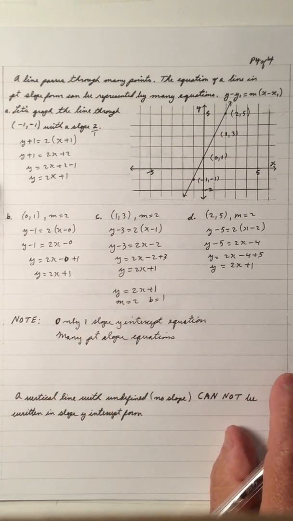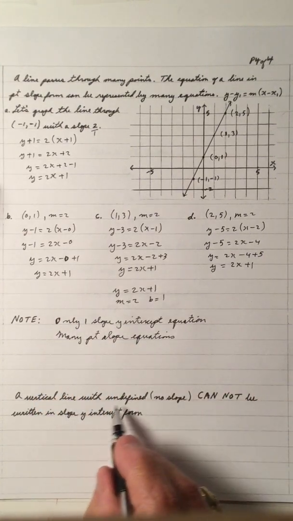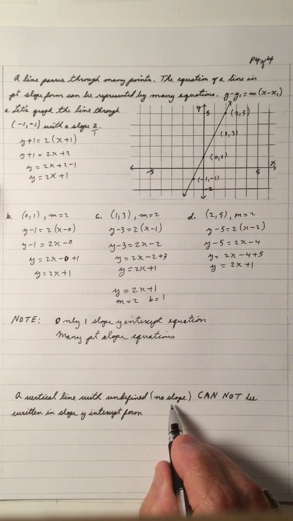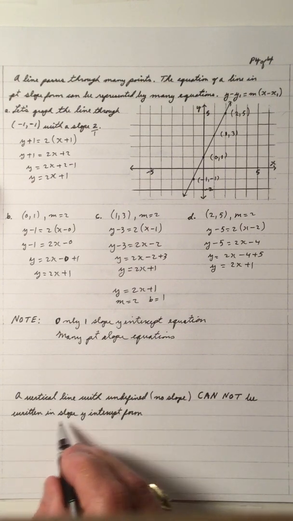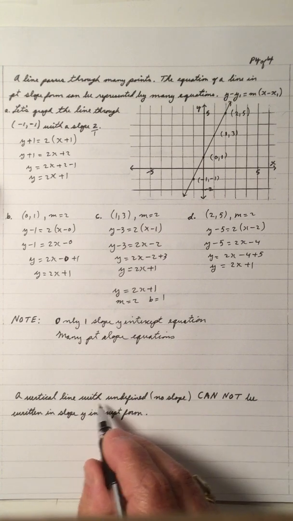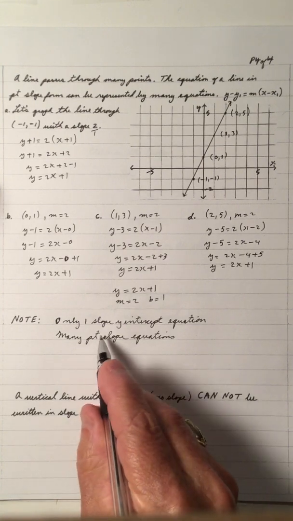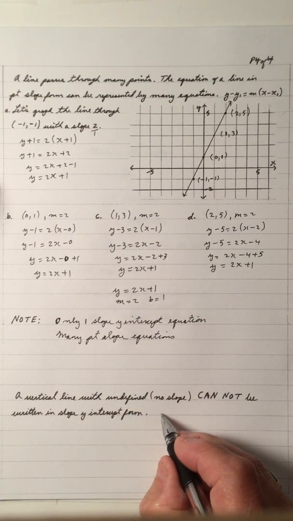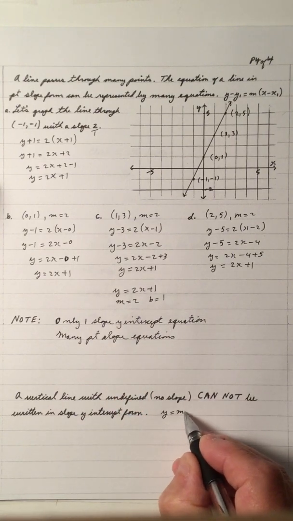And also, while I'm at it, a vertical line with an undefined slope or no slope cannot be written in the slope y-intercept form, because the slope is undefined. You cannot put it into y equals. It cannot go into this form because the slope is undefined.